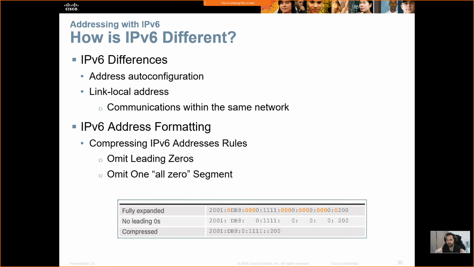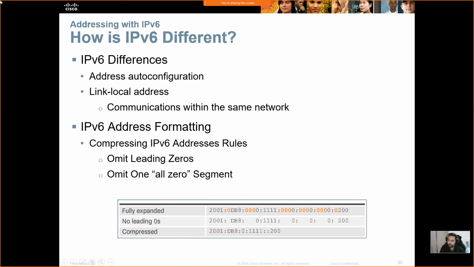IPv6 address formatting. This is where you need to pay attention because this will be asked of you and you need to know this. What does an IPv6 address look like? An IPv6 address is a 128 bits address. Okay? So IPv4 is 32 bits, IPv6 is 128.